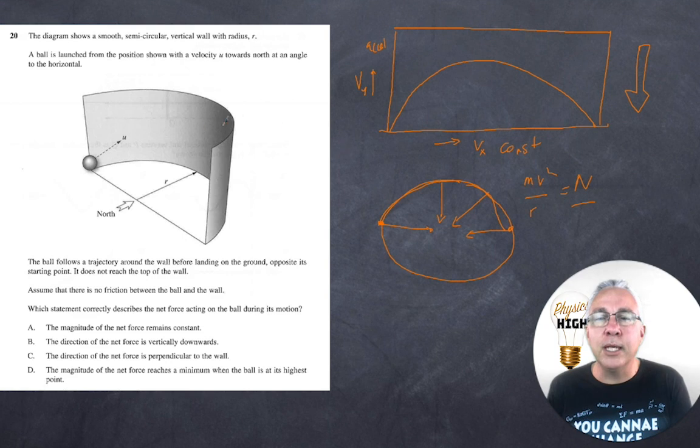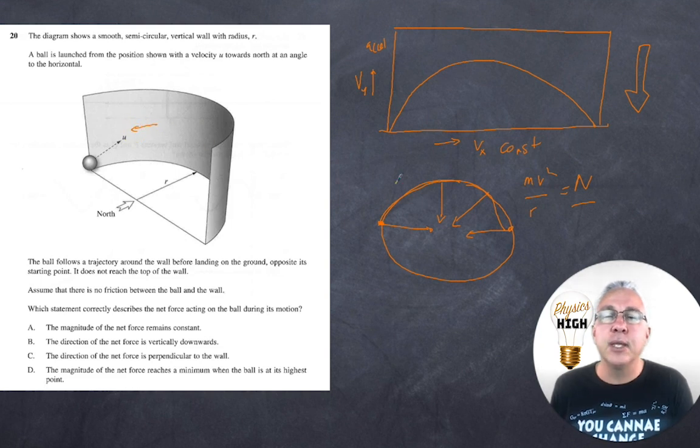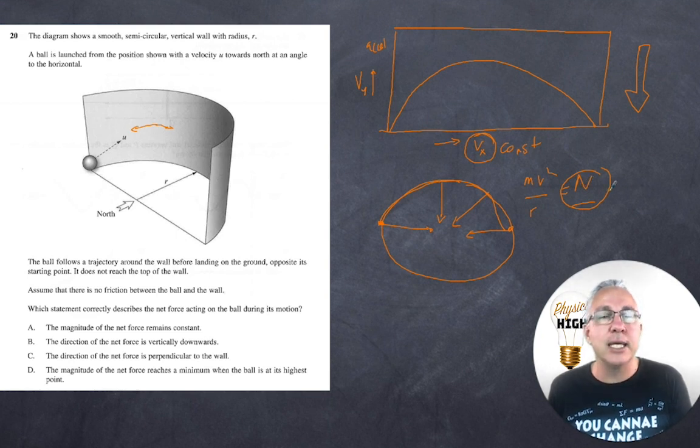And the normal in this case is always, in the case of our diagram over here, determined by the velocity, but it's the velocity that is at a tangent to that, which is the horizontal velocity, not the vertical velocity.